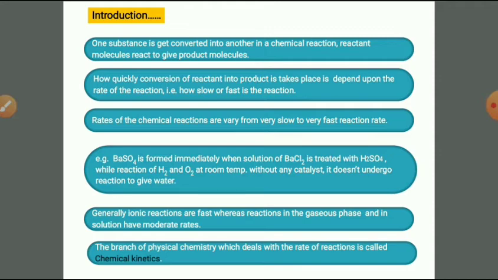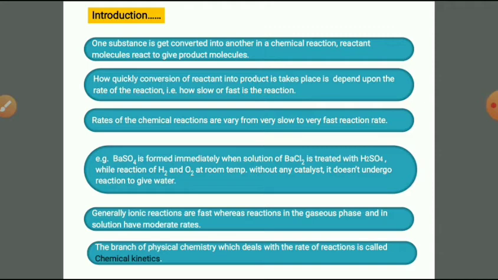In the above example, barium chloride in solution gives ions, so such reactions are very fast. While O2 and H2 are in the gaseous phase, and they do not undergo the reaction without any catalyst. Such gas reactions in the gaseous phase and in solutions have a moderate rate.